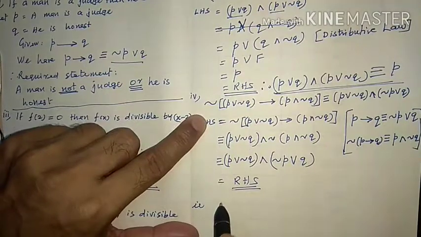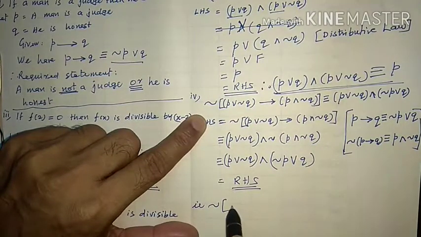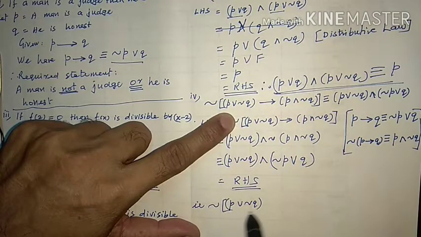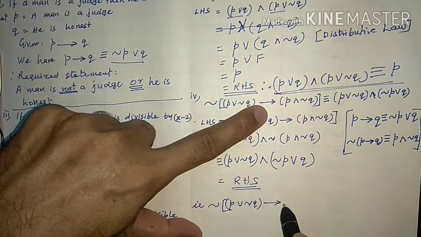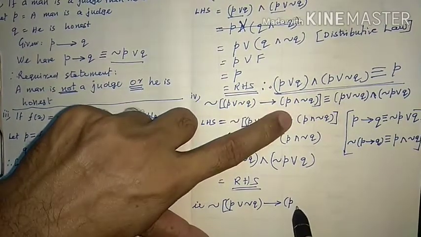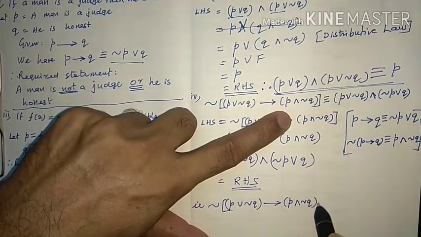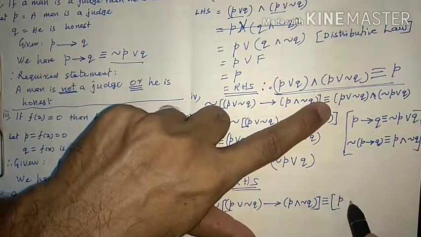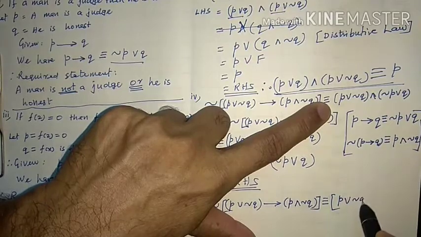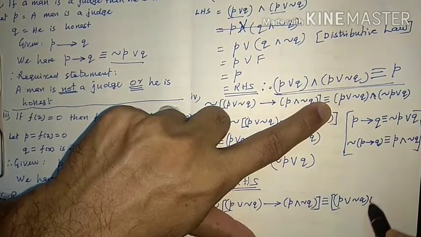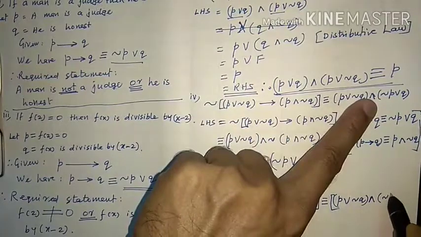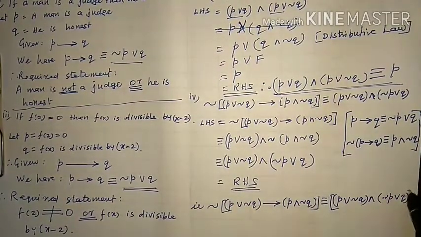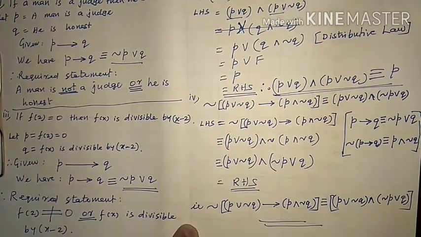The whole thing we rewrite and complete. Negation of P disjunction negation Q, first part simple implication, P conjunction negation Q, is equivalent to P disjunction negation Q conjunction, second part, negation P disjunction Q. So that is also proved.